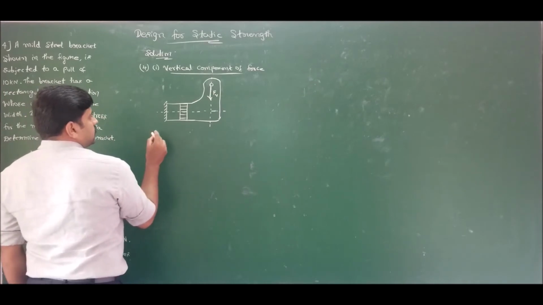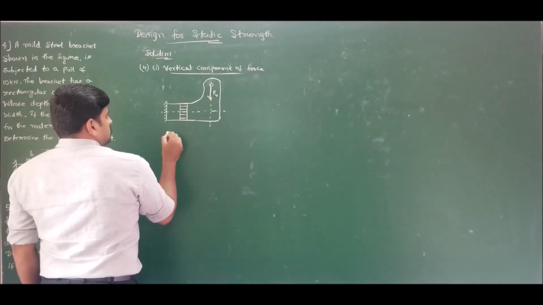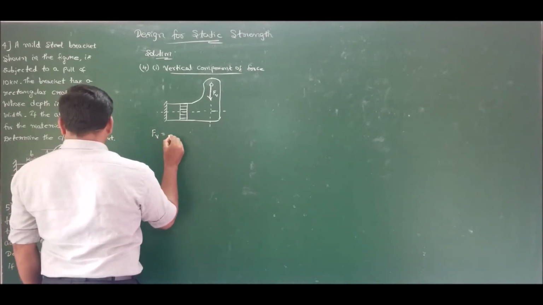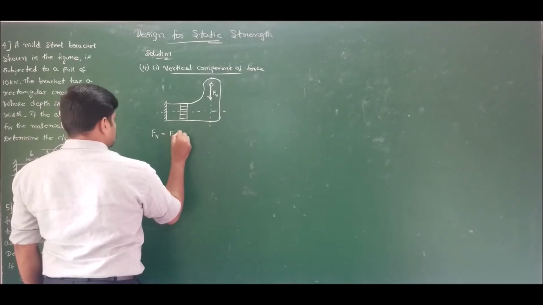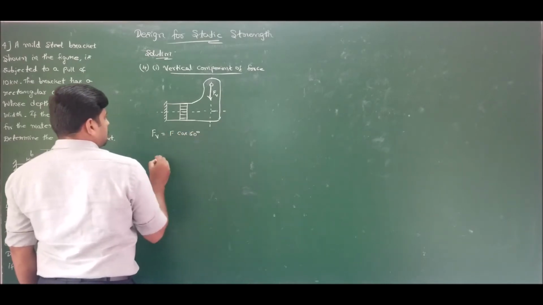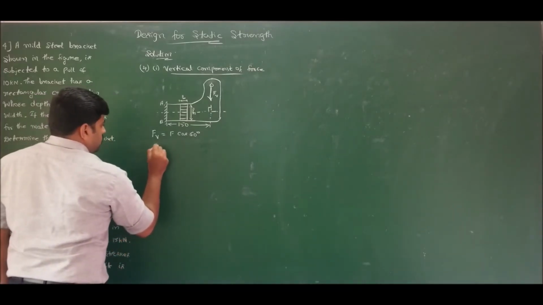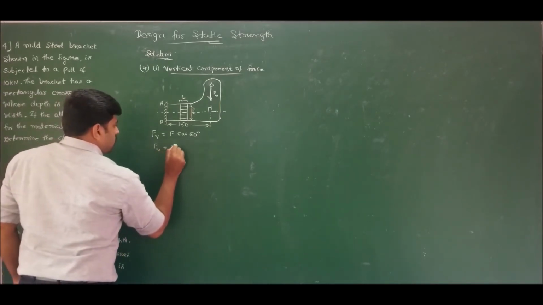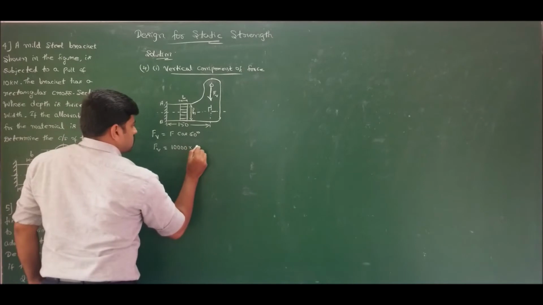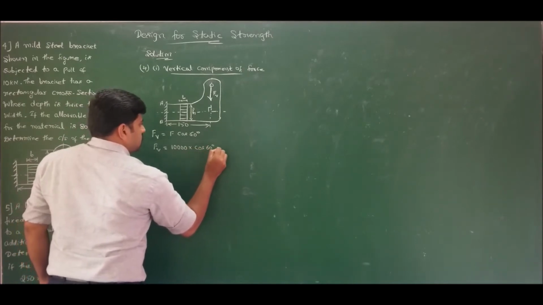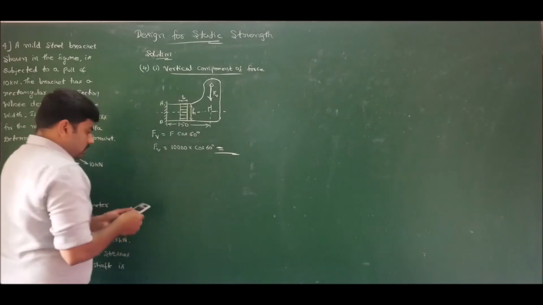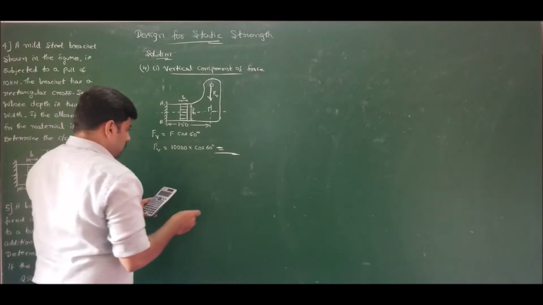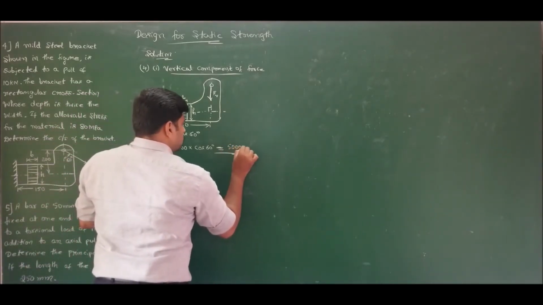So from the question we can determine the value as FB is equal to F cos of 60 degrees. Therefore, the vertical force FB will be, force is 10 kilonewtons, so F is 10 kilonewtons into cos of 60 degrees, which will be equal to 10 to the power of 4 into cos of 60 degrees, which is turning out to be 5000 newtons.